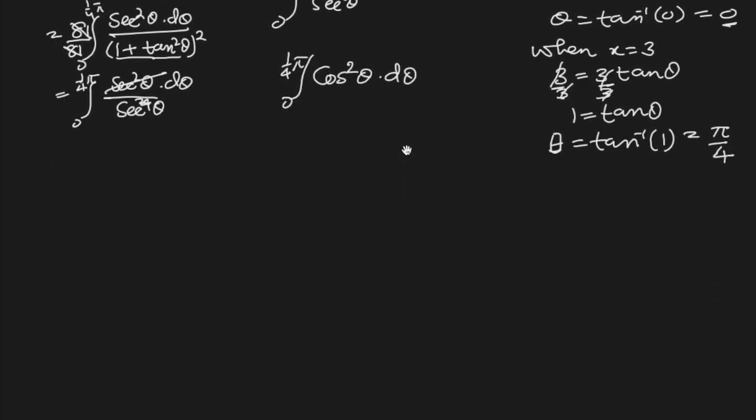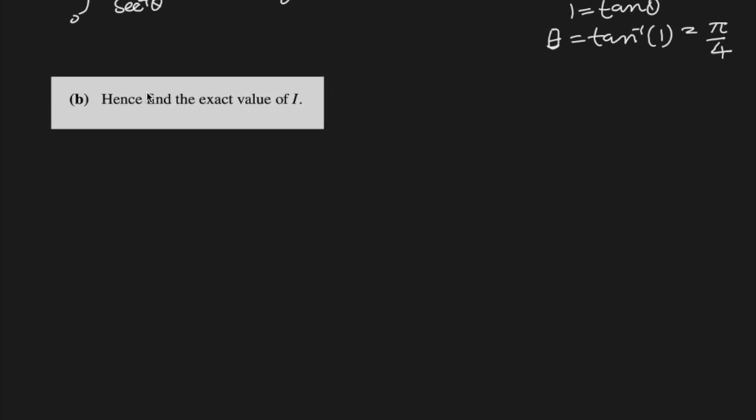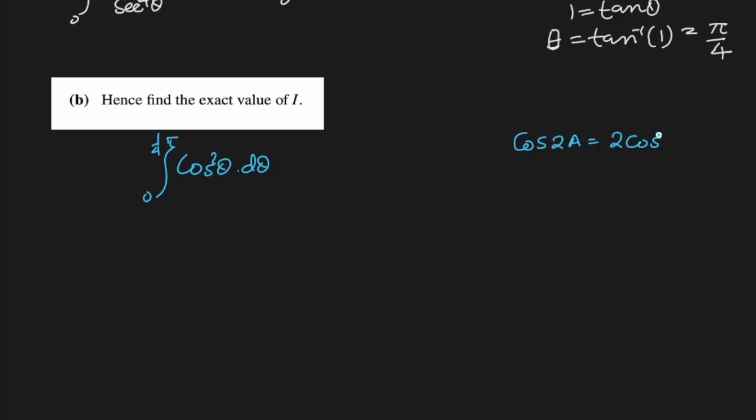What next? B part: hence, find the exact value of I. That means evaluate that definite integral from 0 to 1/4 pi of cos square theta d theta. If it was cos theta, it would be easy, but for cos square theta we use the identity cos 2a equals 2 cos square a minus 1.